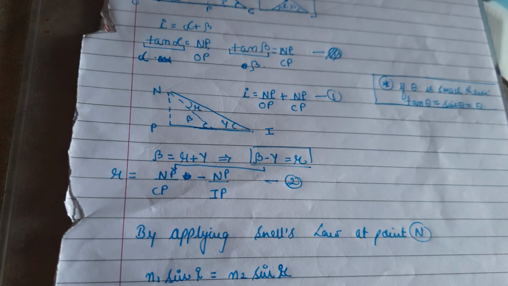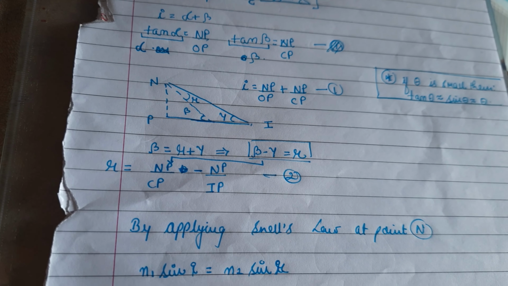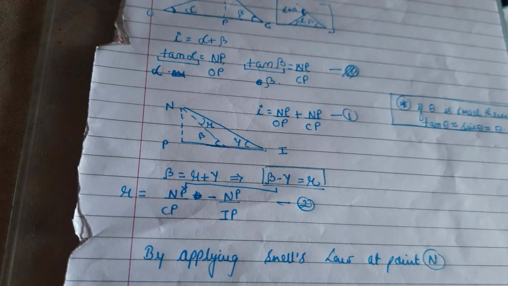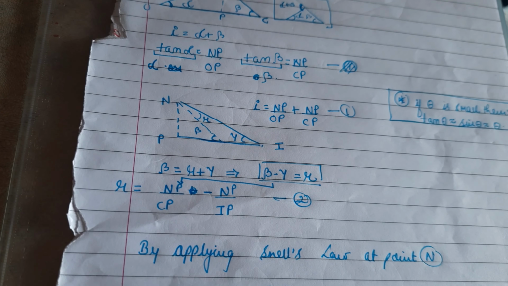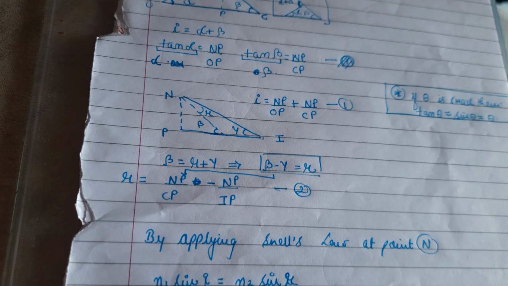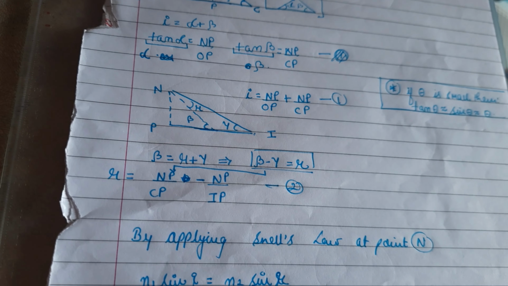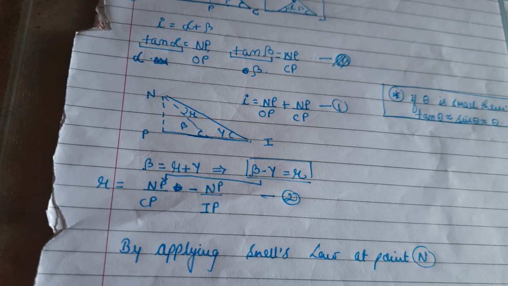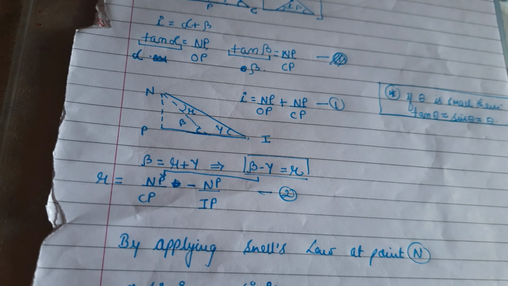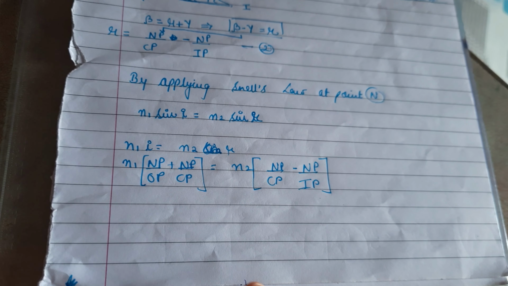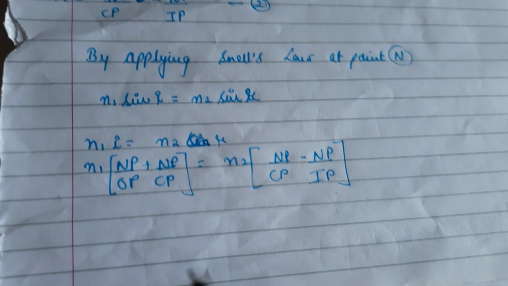So now n1, and what is the value of i? That is NP by OP plus NP by CP, equals n2. What is the value of r? NP by CP minus NP by IP. Now we'll see if something comes out in common.